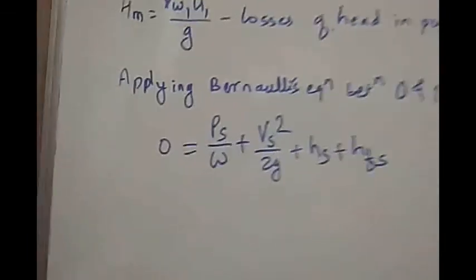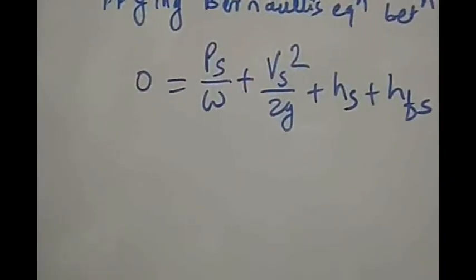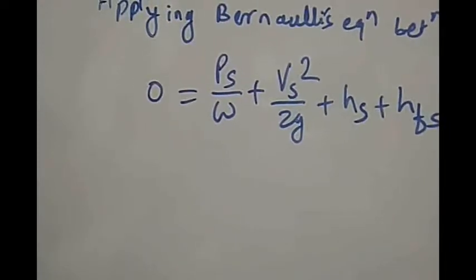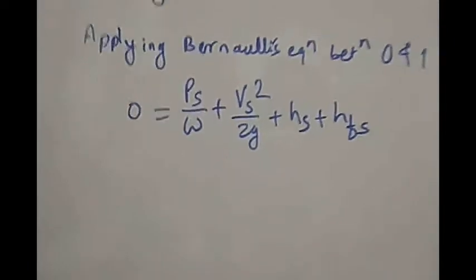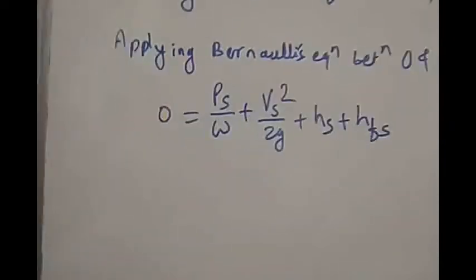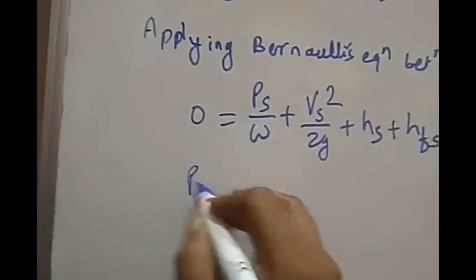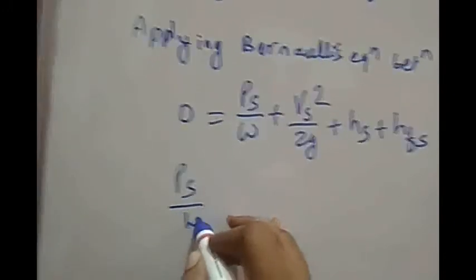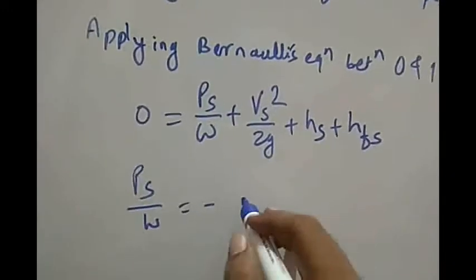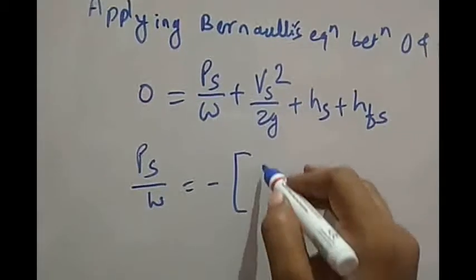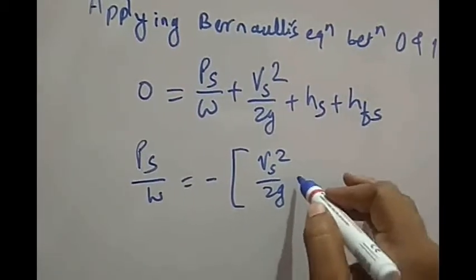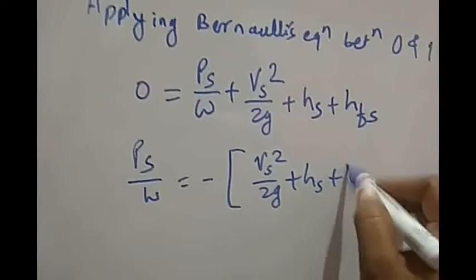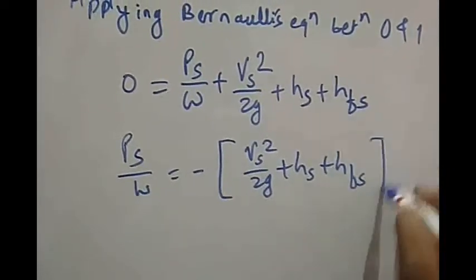These losses may be either of friction or at the inlet of the pump, which are the minor losses. From this I can get the equation for Ps by w as minus, in brackets, Vs square by 2g plus hs plus hfs.